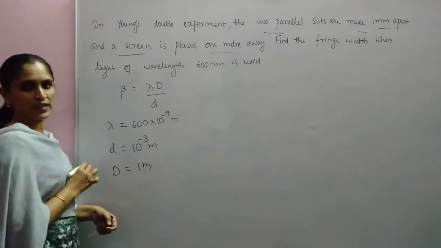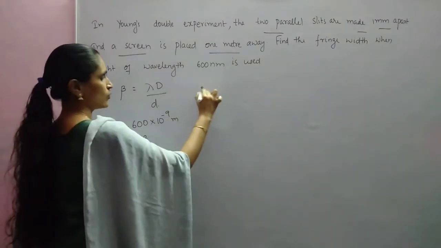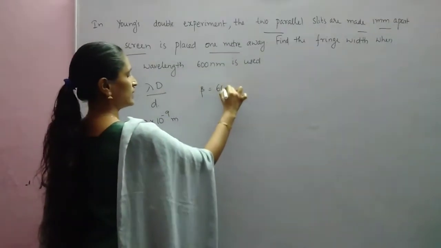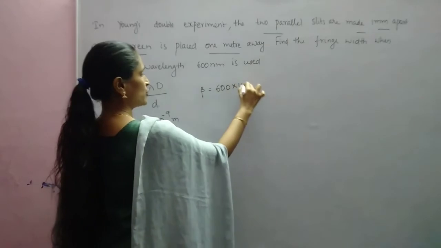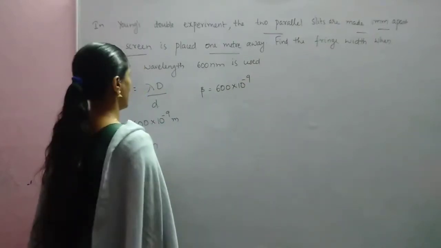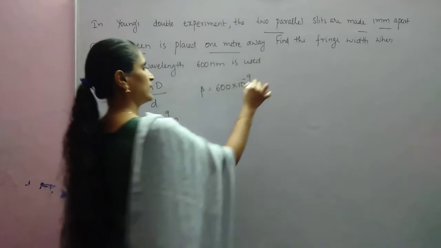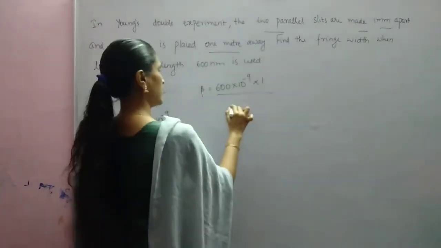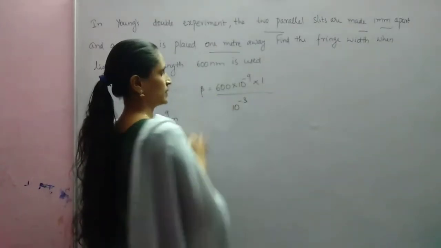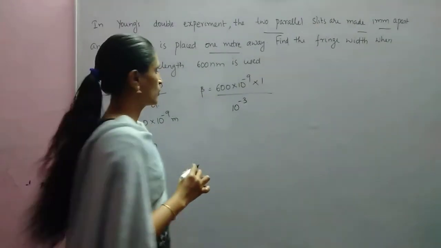Now we have to find fringe width. So beta is equal to lambda, 600 into 10 raised to minus 9, into capital D which is 1, divided by 10 raised to minus 3. Okay. So what you will get?